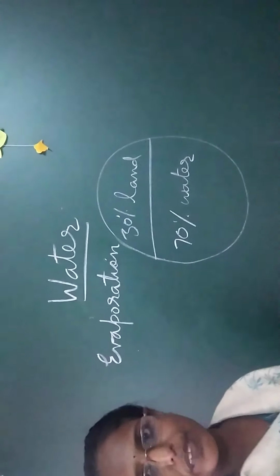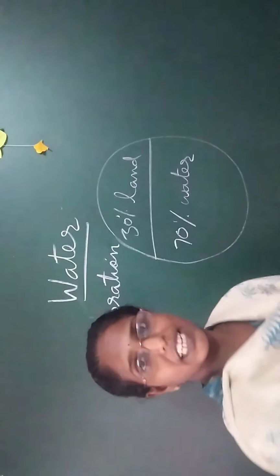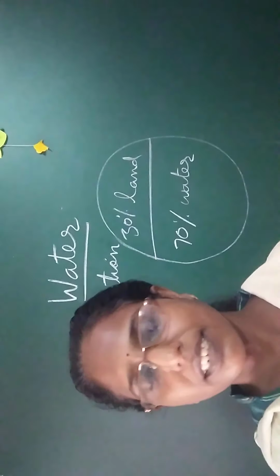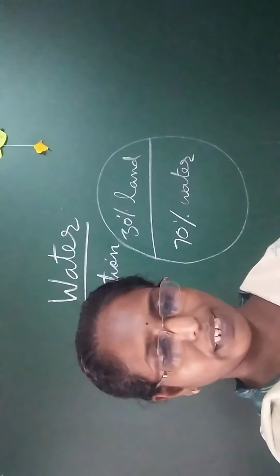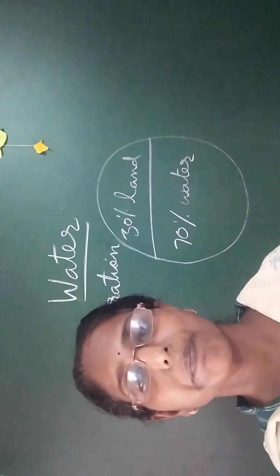Due to the heat of the sun, the water in the water bodies evaporates, and evaporation is taking place. There are four factors affecting evaporation, given on the next page.